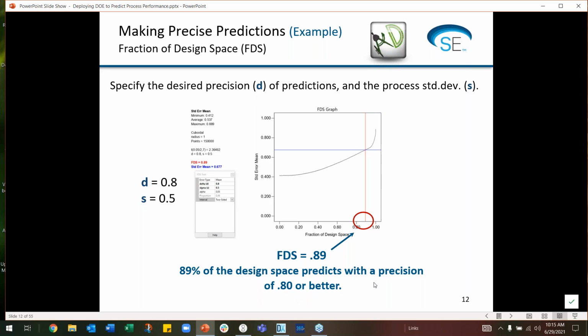And our goal when we are sizing response surface designs is that we want at least 80% of the design space to provide the good predictions, whatever value that we're looking for. In this case, 0.8 relative to the standard deviation of 0.5. So if FDS is greater than 80%, then the design is working well.